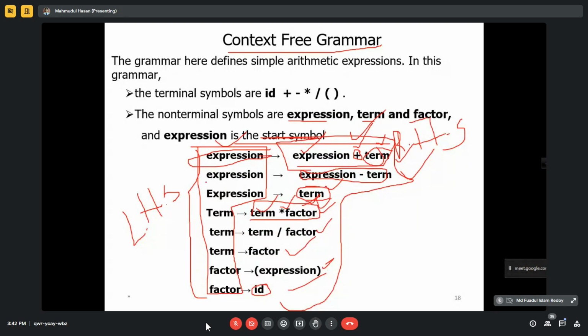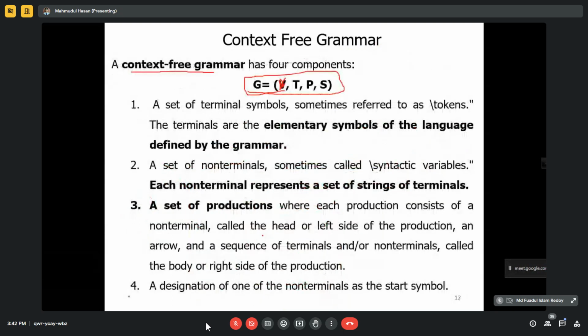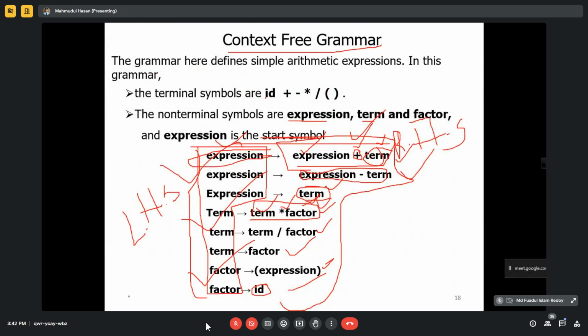And T represents a set of terminals. In our previous grammar, ID, plus, minus, multiplication sign, parenthesis, or division, those are terminals. So that is T, the set of terminals, and the set of non-terminals is B.